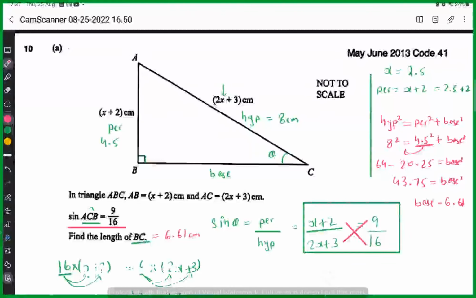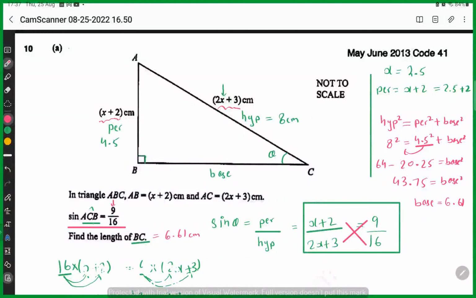So I thought about the hypotenuse, I thought about the Pythagoras theorem, but in order to use the Pythagoras theorem, I need to have the perpendicular side and the hypotenuse side, and at this point they were unknown, they were in terms of x. So step one was to find this x. How do I find this x? I use this helping information that was given in the question.